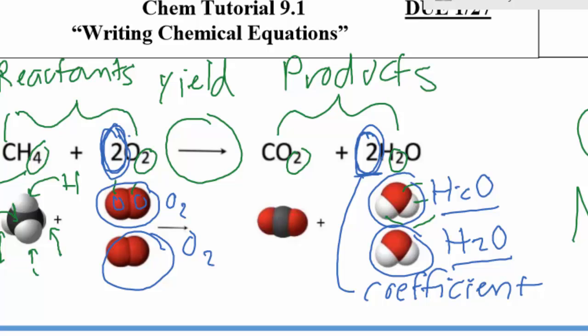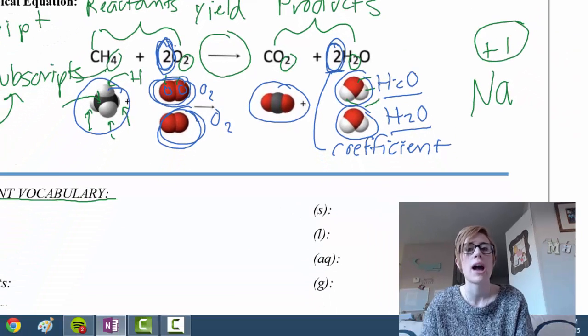Remember how I told you in a reaction we never just take one methane molecule and combine it with 2 O2 molecules to get 1 carbon dioxide and 2 waters. That's impractical, right? So most of the time, even though the 2 does refer to the number of molecules needed to react or produced, it can also refer to our number of moles. That's a more practical way.